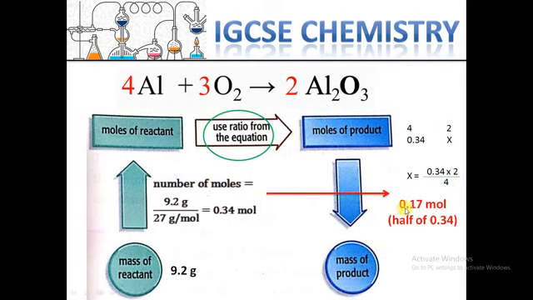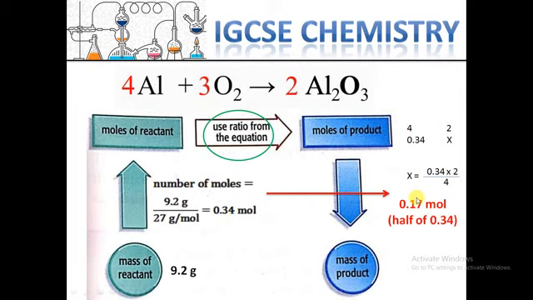The answer is 0.17 mole, a half of 0.34. Actually, this is very simple. This relationship can be used for more complicated numbers, but here the values are very simple. You can say that from 4 we can get 2. That means half. So half of 0.34 is 0.17.